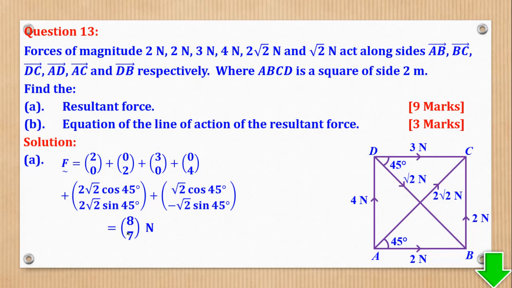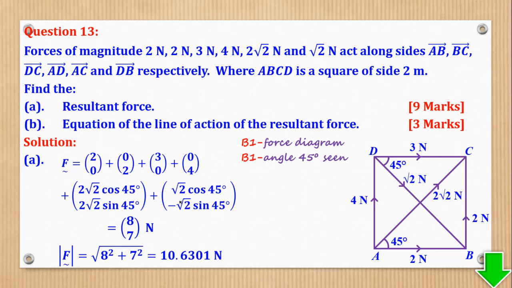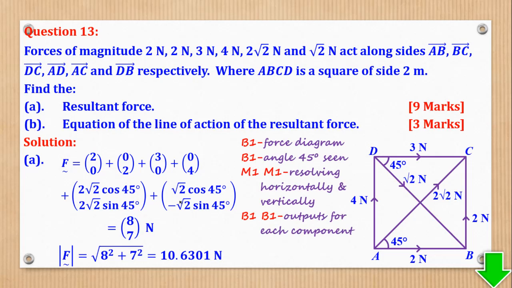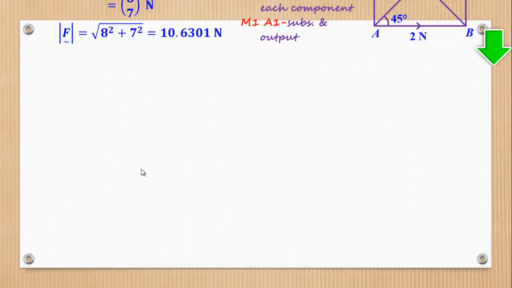Then use a calculator, you come up with this. Then you can get the magnitude. Remember, force is a vector quantity, so you shall get magnitude and direction. Before I go to the next slide, let's see the marks for this slide. Okay, now we shall go to the next.